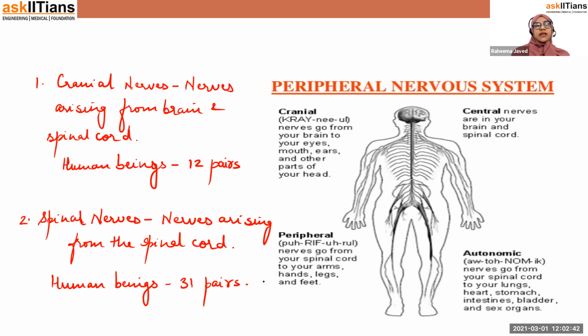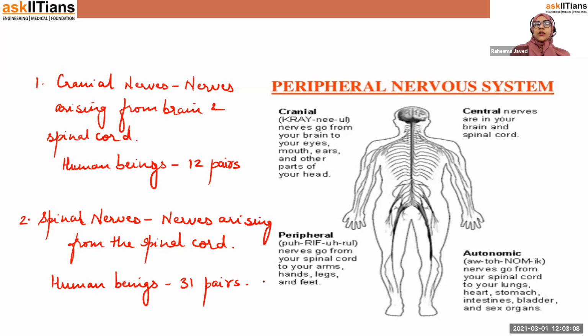So these nerves are responsible for carrying the signals to and from the brain and the spinal cord, without which sensory perception and the process of response would not be possible. So you can understand the importance of the peripheral nervous system.